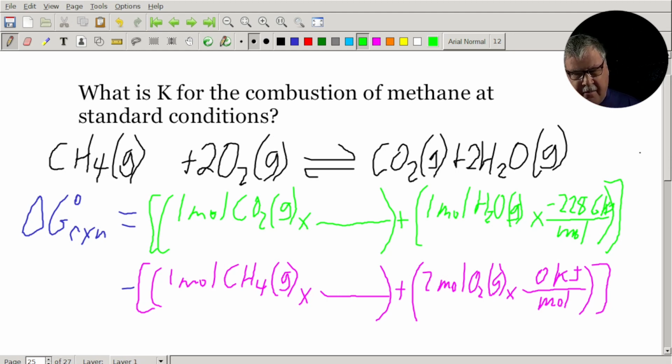Although it might be under carbon as well, depending on which table you're looking at. Negative 394.4 kilojoules per mole, okay? And for CH4. Okay, thank you. Negative 50.75 kilojoules per mole.